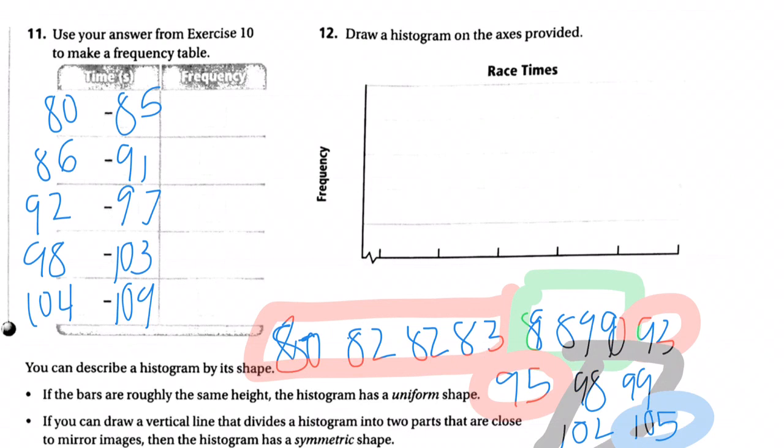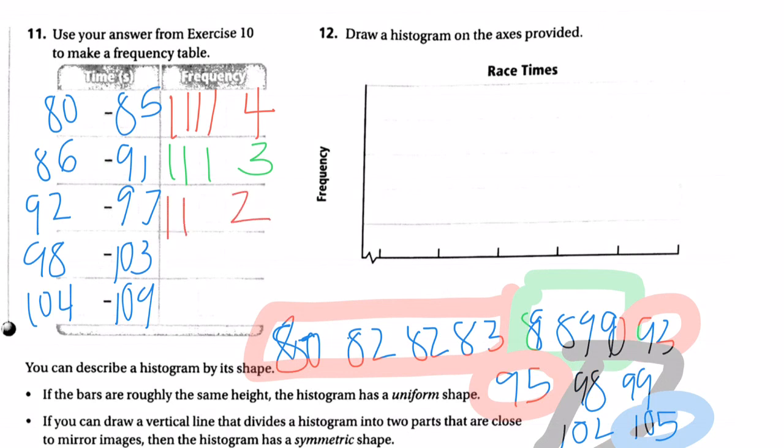So in the frequency for the first one, I have 1, 2, 3, 4, because 80, 82, 82, 83. So that's 4. 86 to 91, I have 89, 89, 90. So that's 3. From 92 to 97, I have 93 and 95.